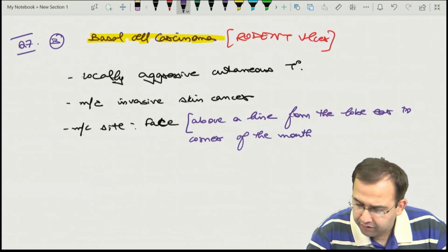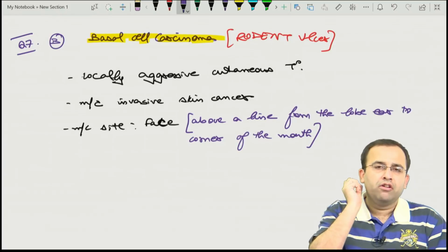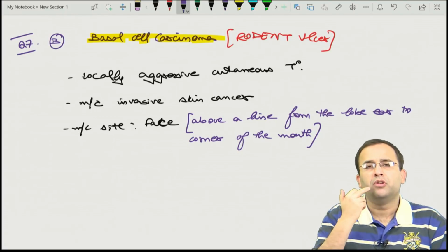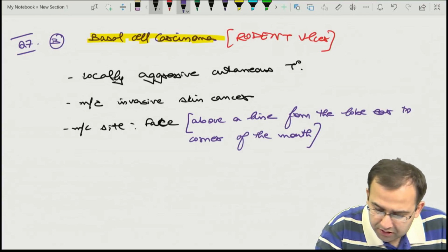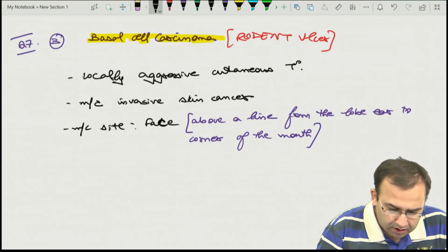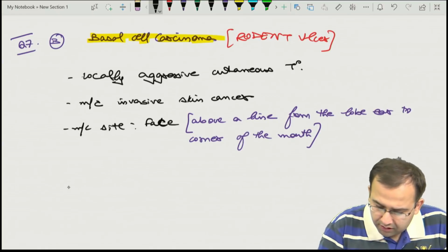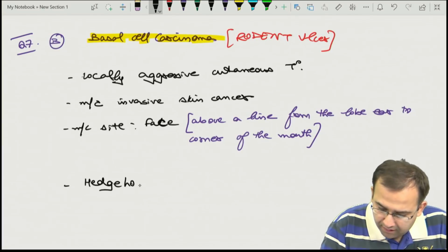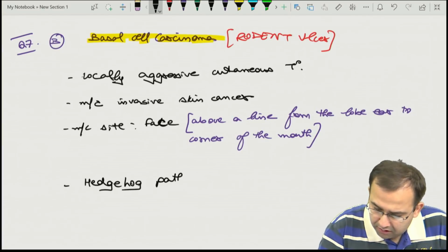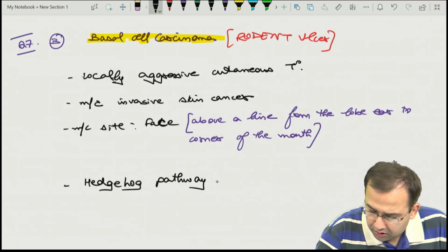That is, if we draw an imaginary line from the lobe of the ear to the corner of the mouth, it occurs above this line. Next point, basal cell carcinoma is associated with hedgehog pathway signaling.